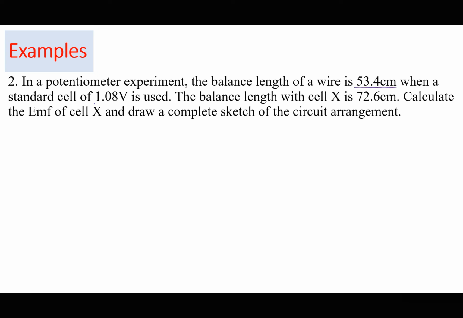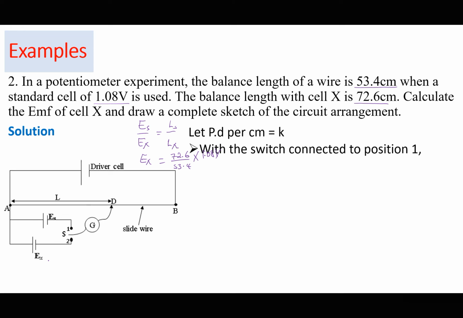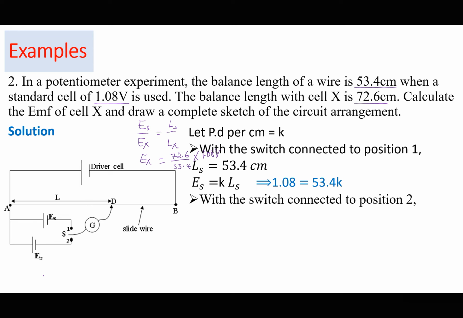So the PD per centimeter, which is a constant, we saw it is K with the switch connected to position 1. Of course, we have already derived this. So we saw that ES is equal to K LS. In other words, 1.08 is the same as length times the constant. And with the switch in position 2, the balance length was 72.6, and this gave us an equation like that.